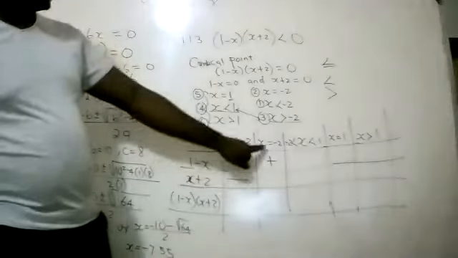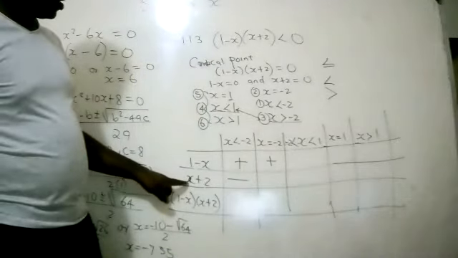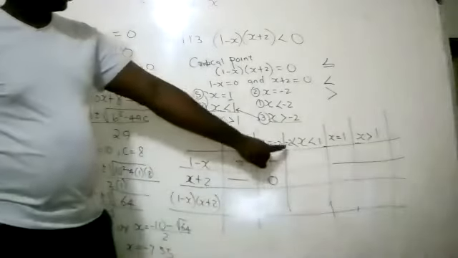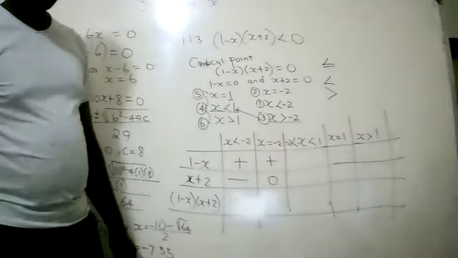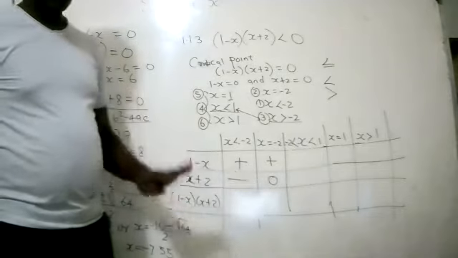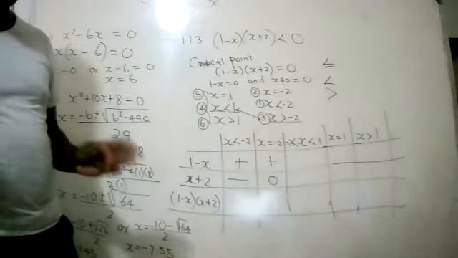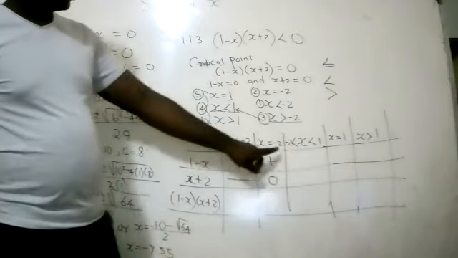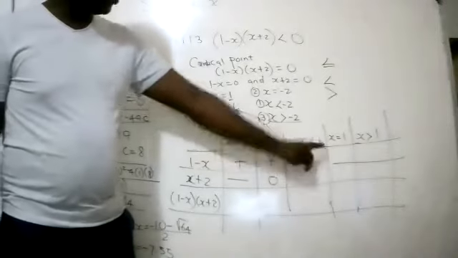Then we substitute -2 here, where we'll have -2 plus 2, which is 0. Can it be positive or negative? Because 0 is a neutral number, we can't tell if it is positive or negative.